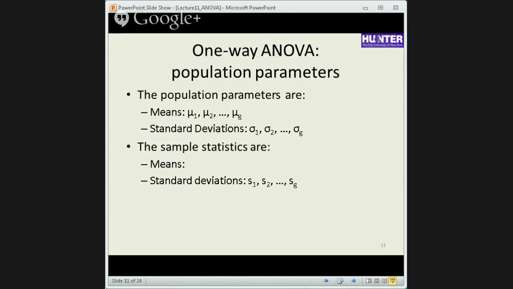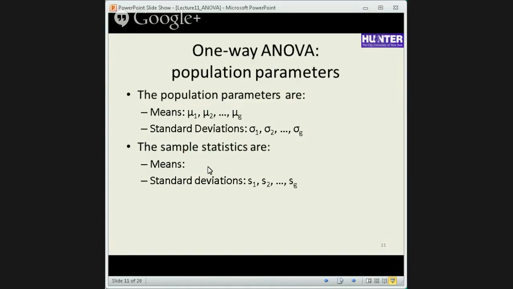Okay, so just to cover the notation here, it's going to be consistent with everything we've done. Population means, we'll use mu1, 2, up to mu g, where g is the number of groups. And standard deviations, the same thing, sigma. And the sample statistics, oops, I forgot to write in the means here.